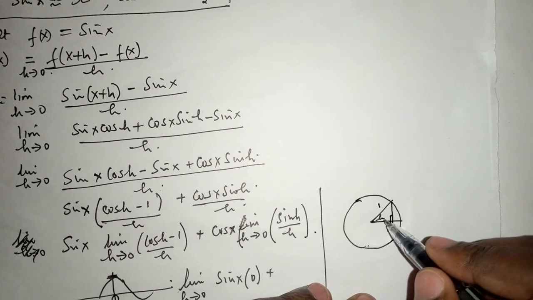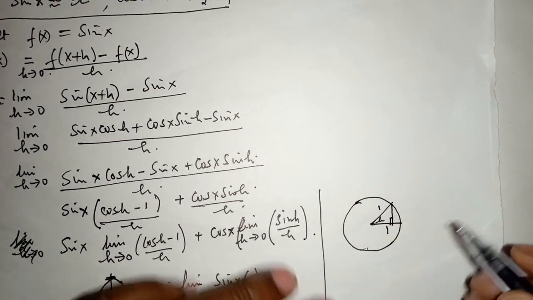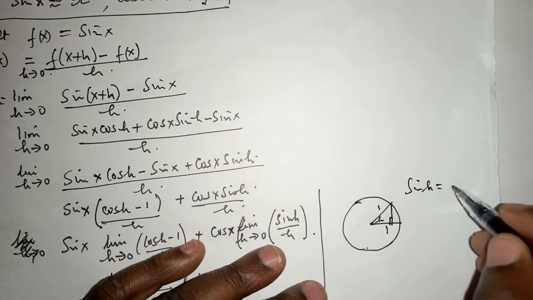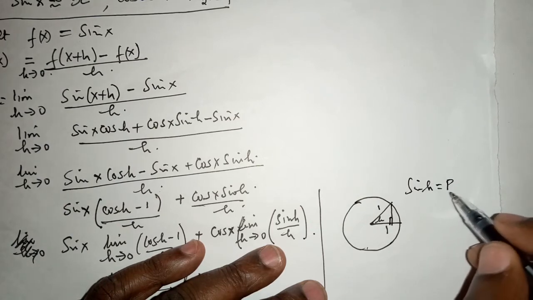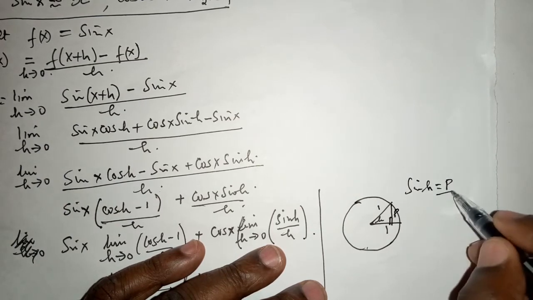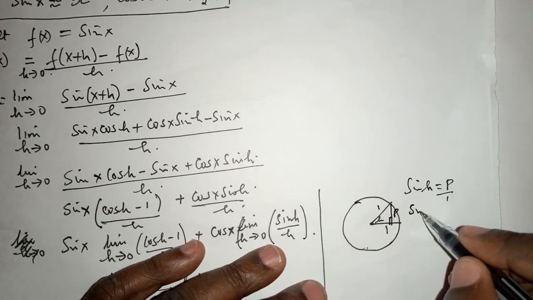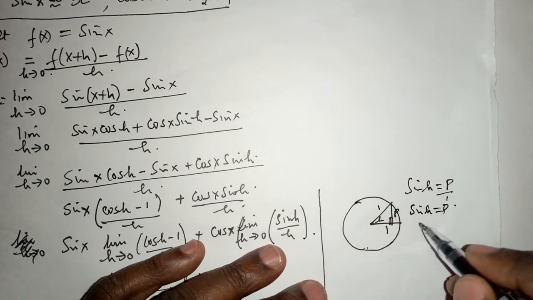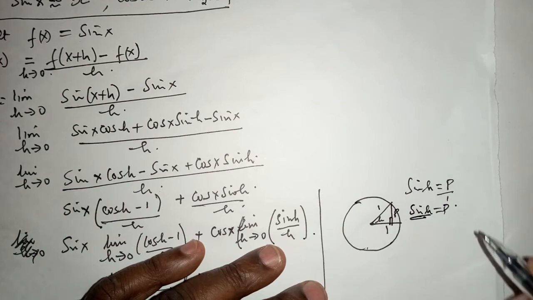So the sine of h is equal to p over 1, this opposite side. In other words, the sine of h is simply p. That opposite side is the sine of h.